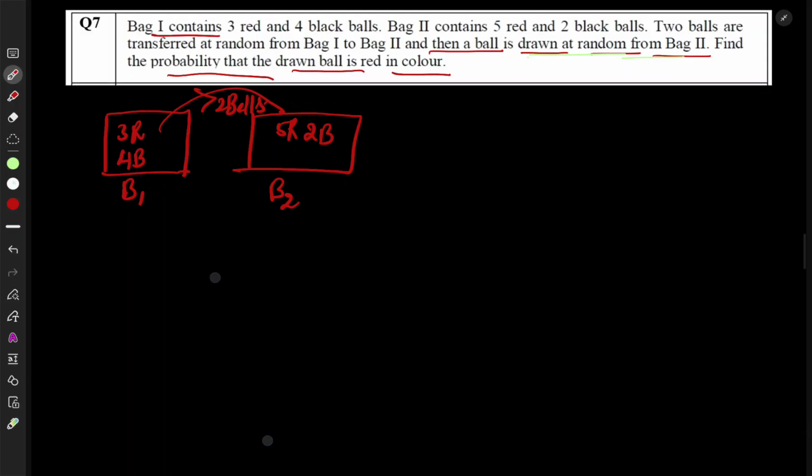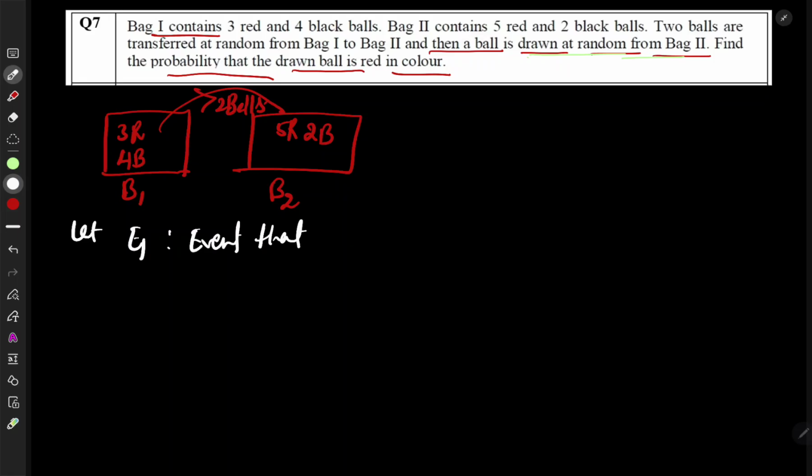Whenever it looks like a reverse process is happening, it means Bayes theorem. So let's see. You will be writing: let E1 be the event that, first question will come, which 2 balls are drawn? It can be both red, both black, or 1 red and 1 black.